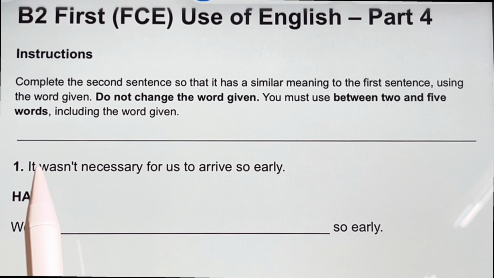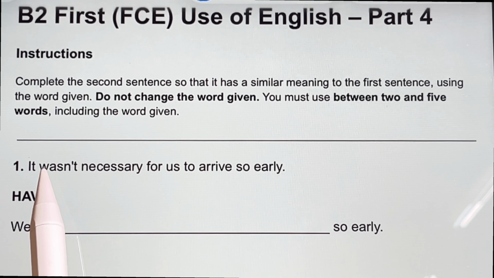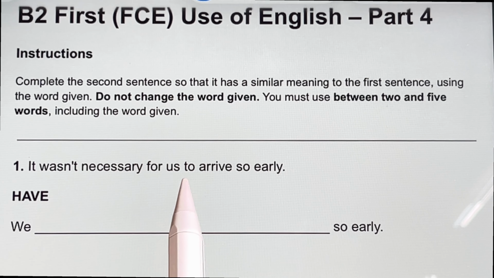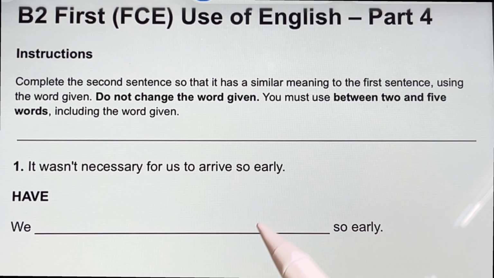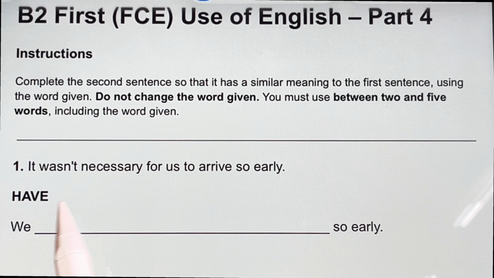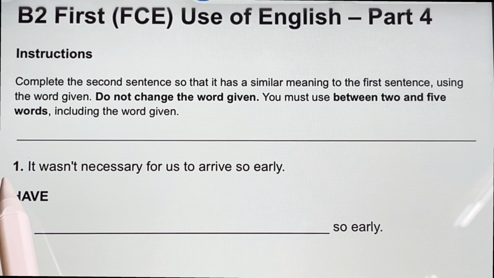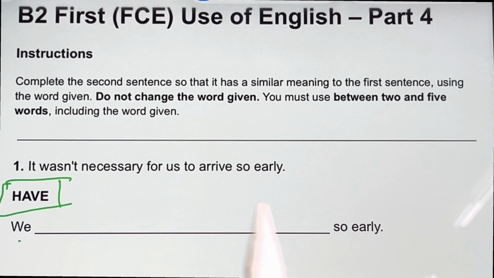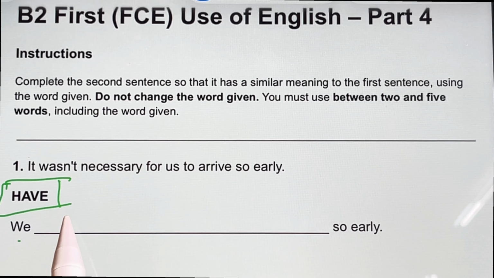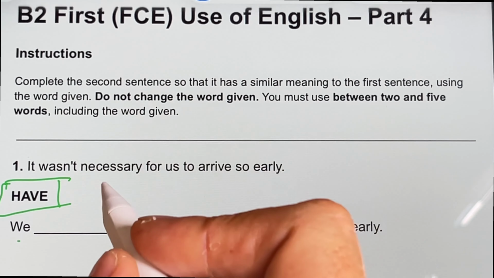Okay, so let's go with the first one. It says here, it wasn't necessary for us to arrive so early. Remember that we need to transform it into this sentence that says, we so early, using the word given, and do not change the word given. That is very important. So it says, it wasn't necessary.